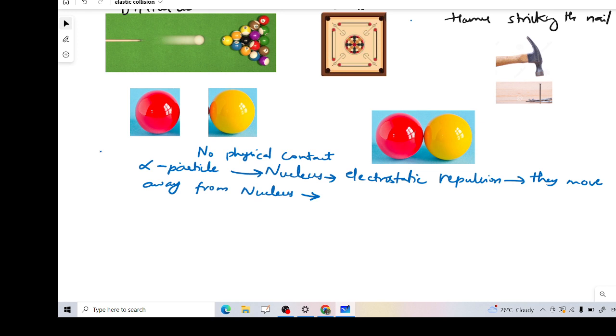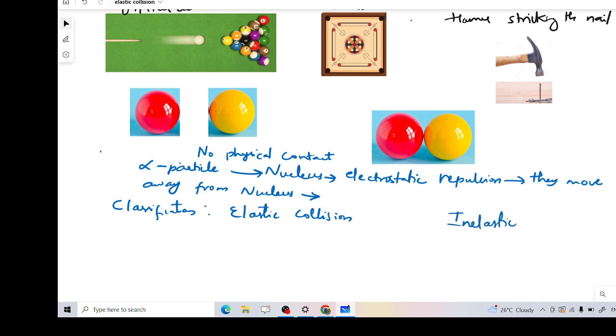With the help of that, we can find out how much force they are exchanging. So collisions are classified into two types: elastic collision and inelastic collision.